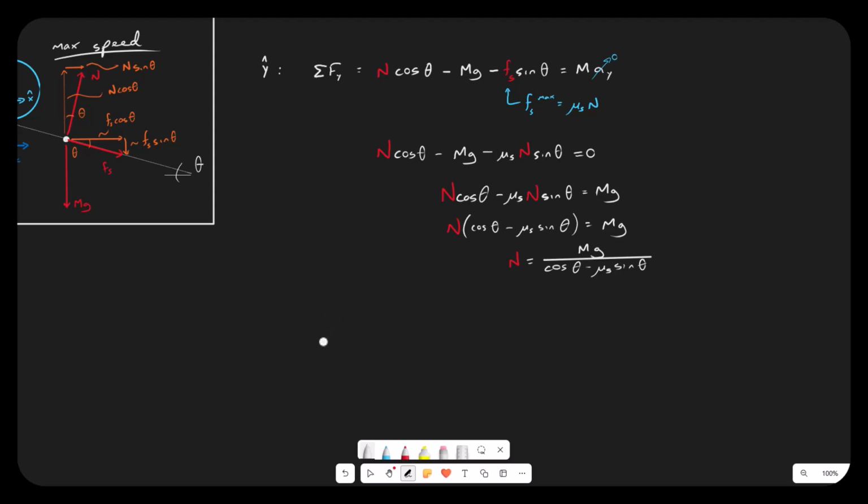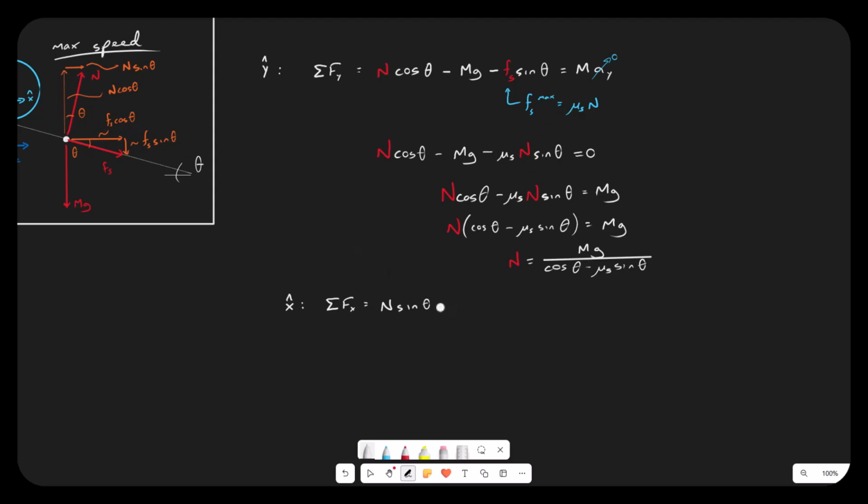Now I'm going to look at my x direction. I'm not plugging in right now because I don't know the mass of my car, but I would really like it if that dropped out, and I suspect that it will. X direction, my sum of forces in x. I've got an N sine theta to the right, and I now know my N. And I have an Fs cos theta to the right.